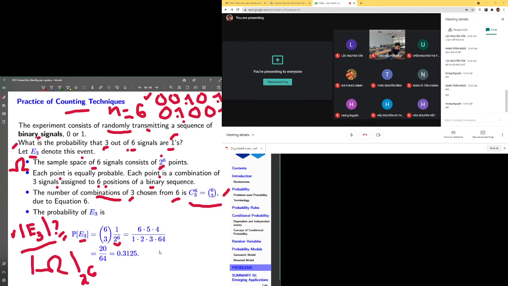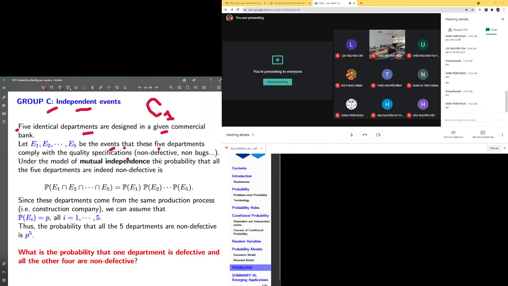Quality specification means no defective case happens in that department, no error happening in the department, and we assume that they are independent. That means if some certain bad event happens in the first, the bad event does not impact the second department. We defined the concept of independence before, then we talked about mutual independence in that sense.